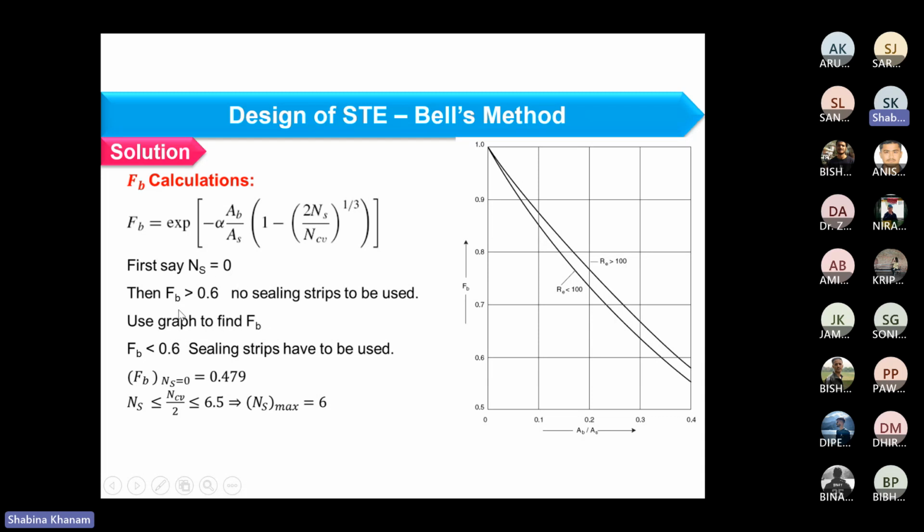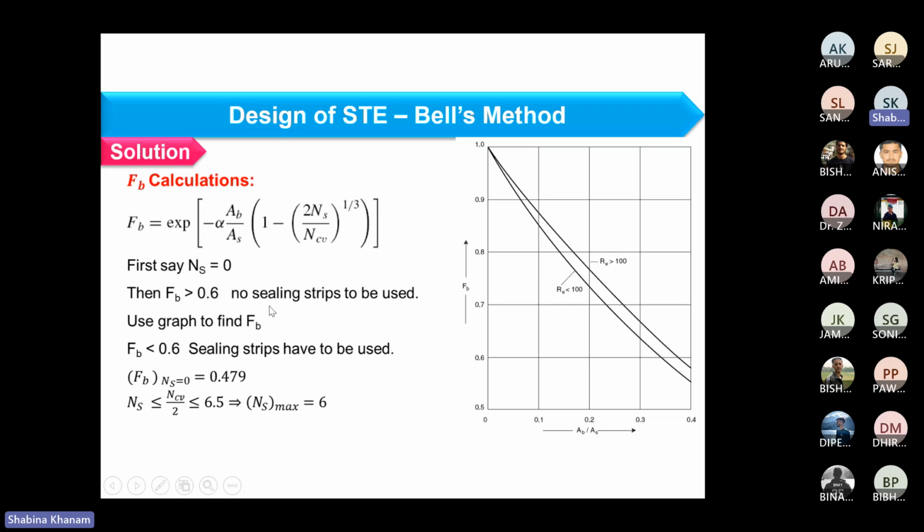If it is coming less than 0.6, it means that the FB value is low enough and it will bring your design to an infeasible condition. Therefore, you need to provide sealing strips to increase the value of FB. So if the FB value is less than 0.6, sealing strips are required.